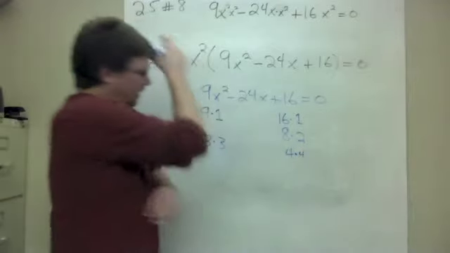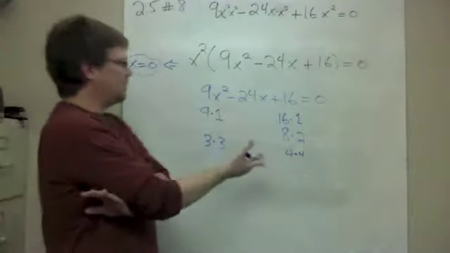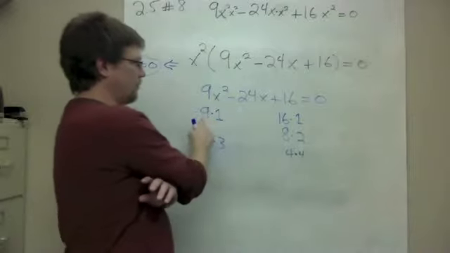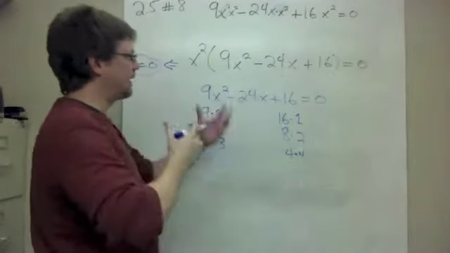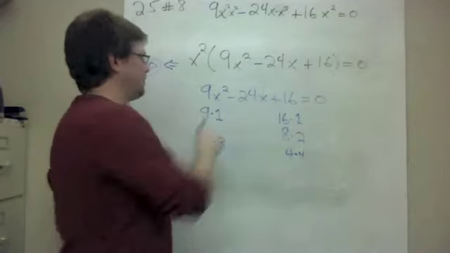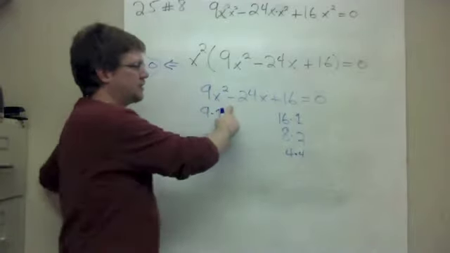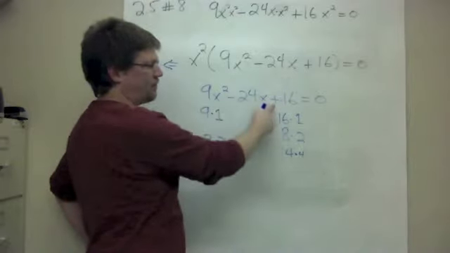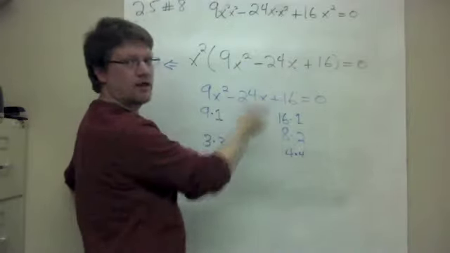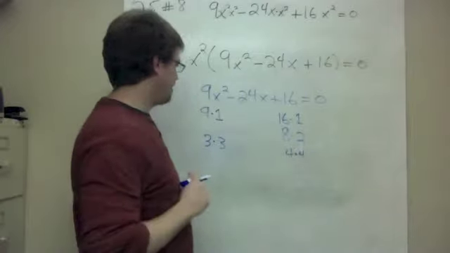Okay? Now, can any of these combinations, when I multiply one of these by one of these, and the other by the other, add them together, can I get to 24? The negative here indicates that at least one of these terms must be negative. The positive here means that both of them must be negative. Okay?